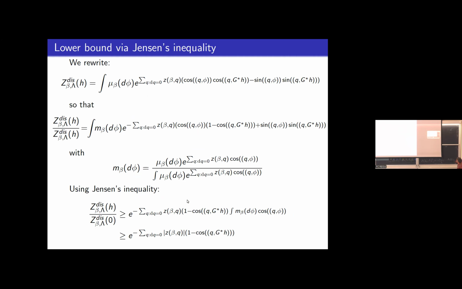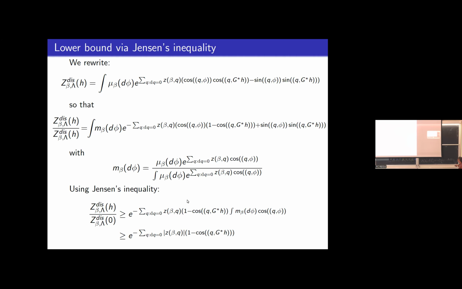Let me, in the exponent, add and subtract the part with just the cosine, the one that would appear in the denominator, so that I can rewrite the ratio in this form. So I have e to the minus this thing. Here, instead of cosine, I have 1 minus cosine, and here I have this part here. What is this m beta?